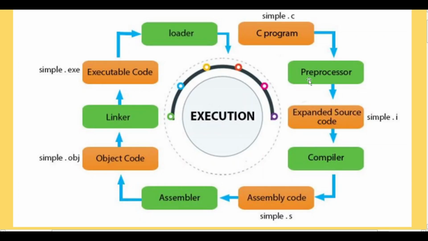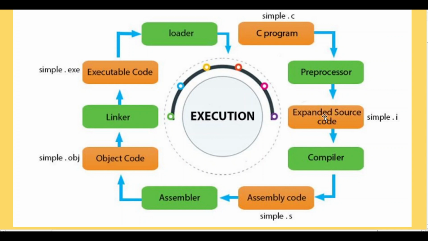Okay, this is the process of the execution of the code. First we will write the C program. Then this program moves to the preprocessor, and then expanded source code. Expanded source code is basically what we have written. Preprocessor means preprocessed values which are stored in a language. Our code will be matched in those preprocessors.